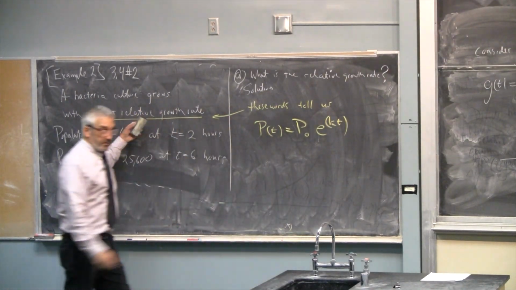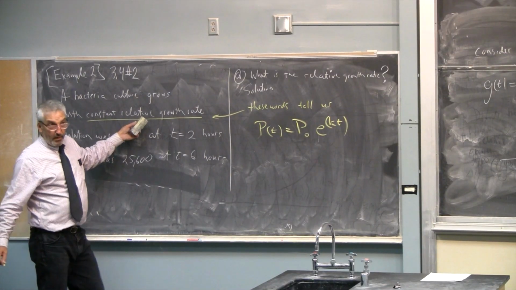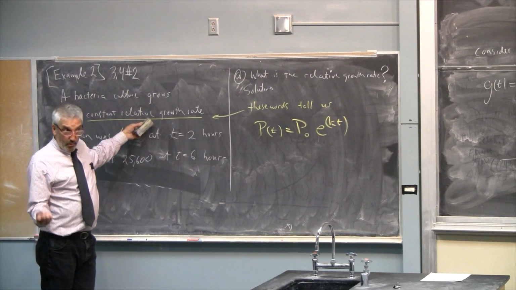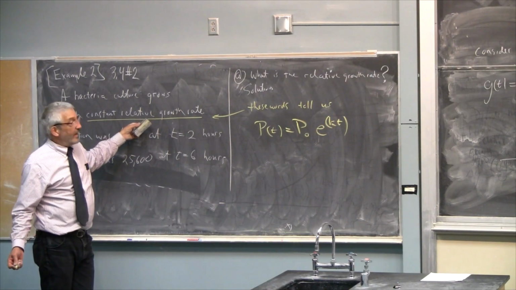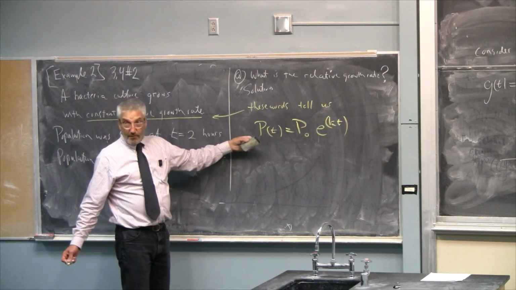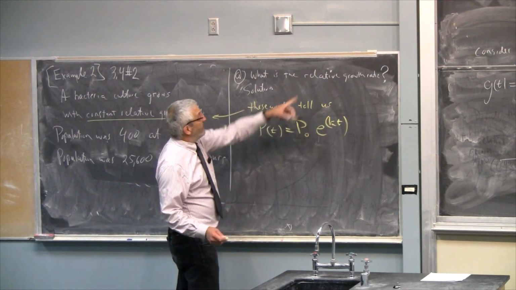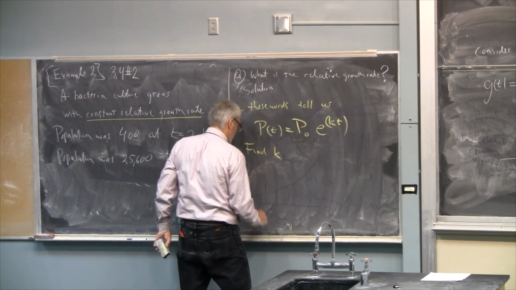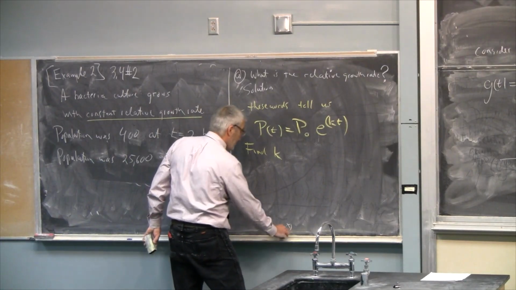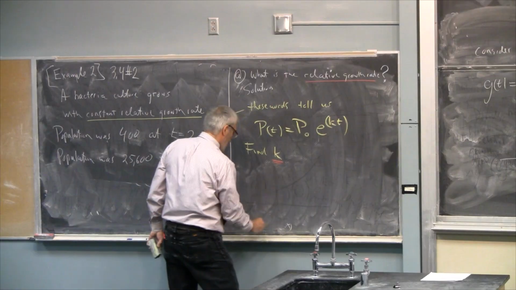Remember, I said there are these three things that are synonymous. Saying something has a growth rate that's proportional to its size, that's one way of saying it. Or to say that it has constant relative growth rate, that's another way of saying it. But they both mean that the function that obeys that is going to be of this form. And our question is to find k. Because the relative growth rate is this thing, k.